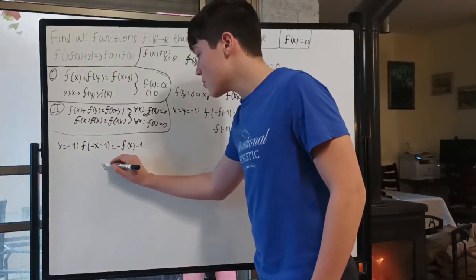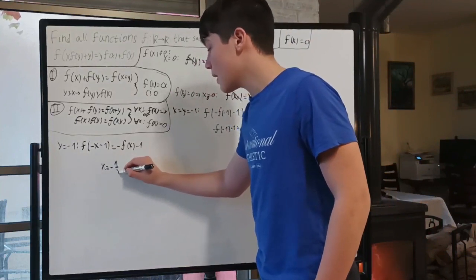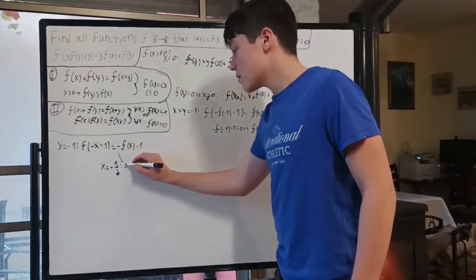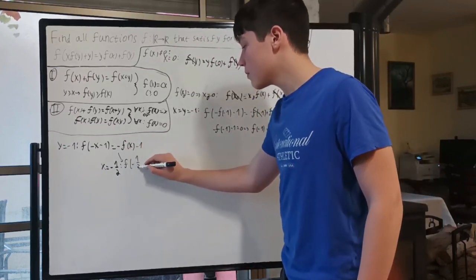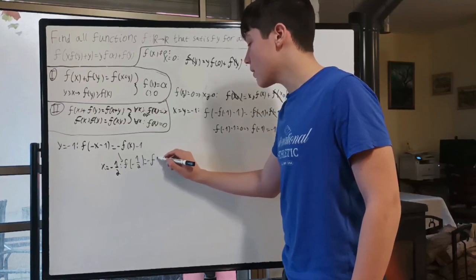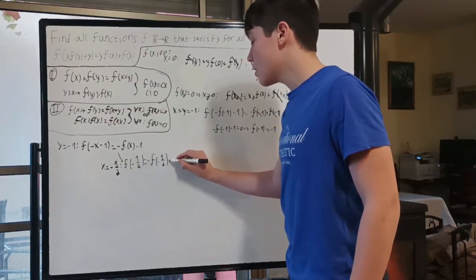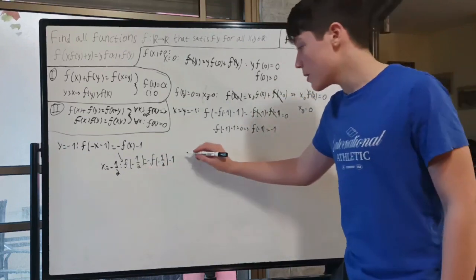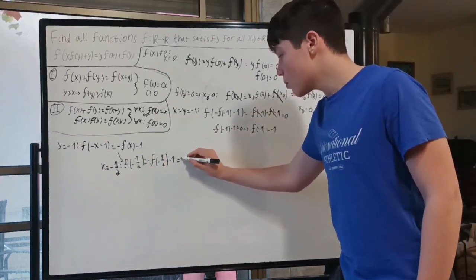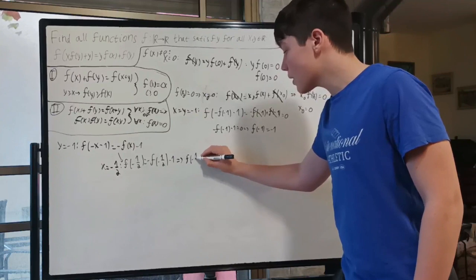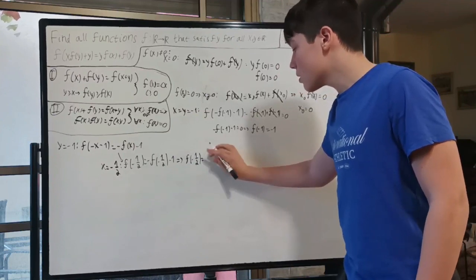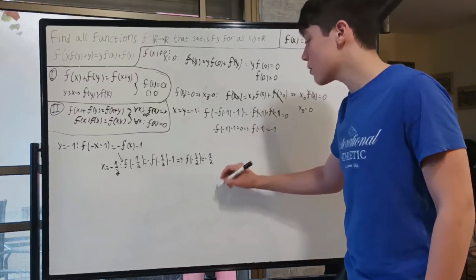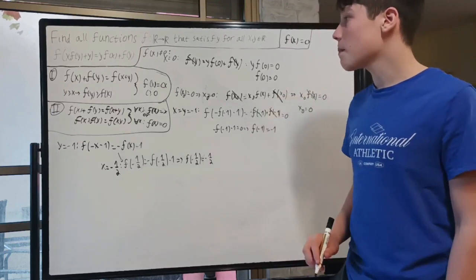So if I substitute in x is -1/2 into this equation, we get f of -1/2 is equal to -f of -1/2 minus 1. And like I said earlier, move this to the other side and divide by 2. We get f of -1/2 is equal to -1/2. Okay, that's also nice.